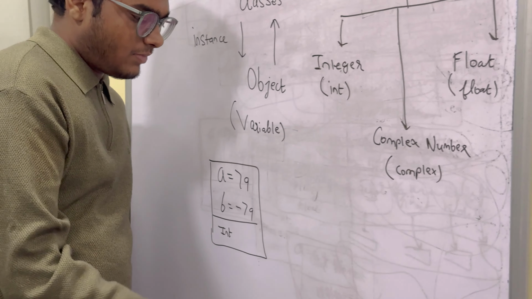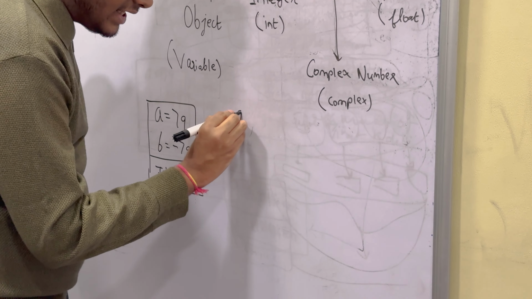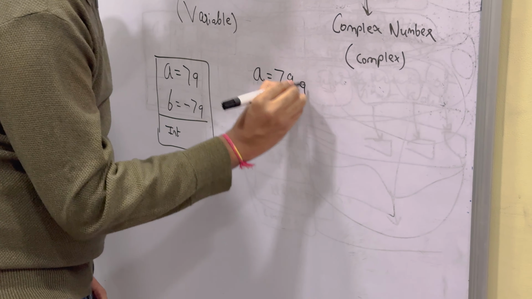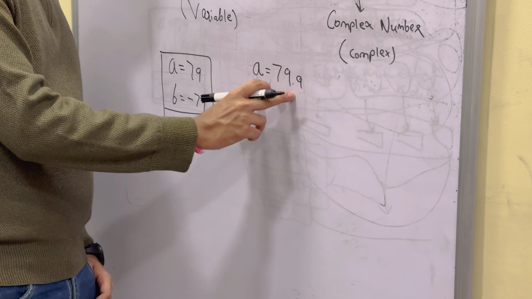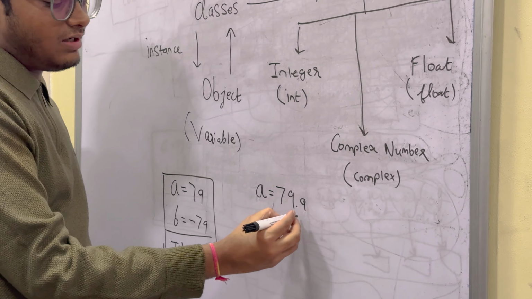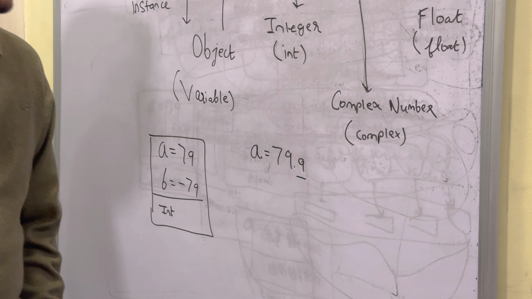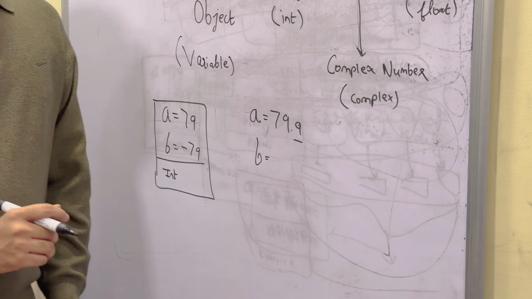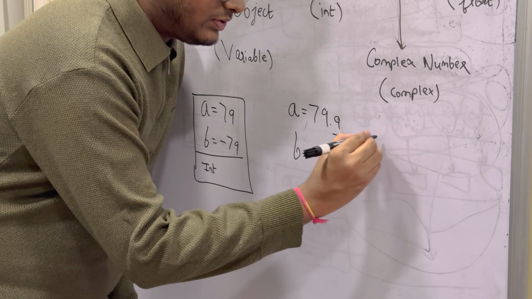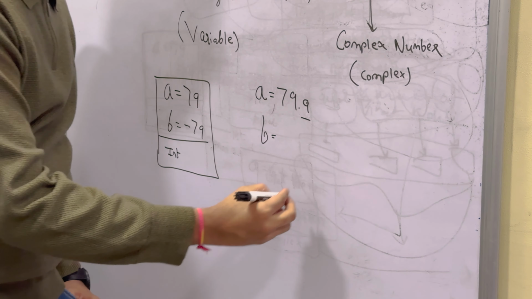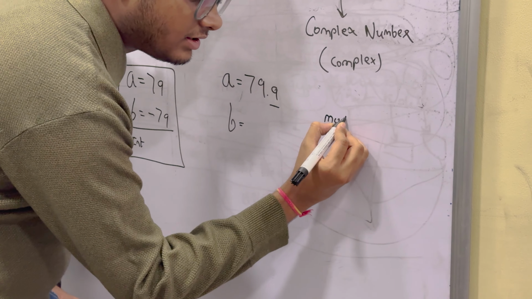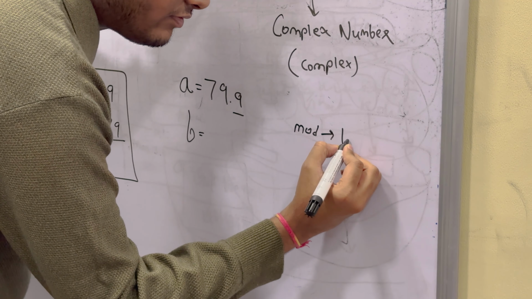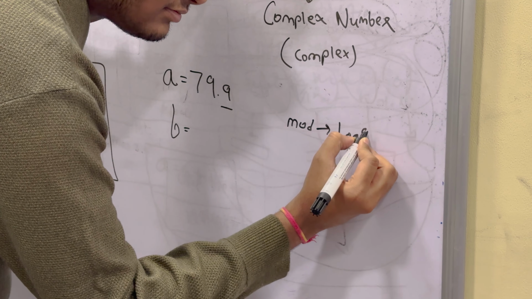Next, float. So float has the value which has a decimal point representation. So if I write 79.9, this becomes a float because it has a floating point representation because of this. Similarly, you have used the mod operation, right? So when we are asked to do a mod for large numbers, what we can do is we write 10e9.